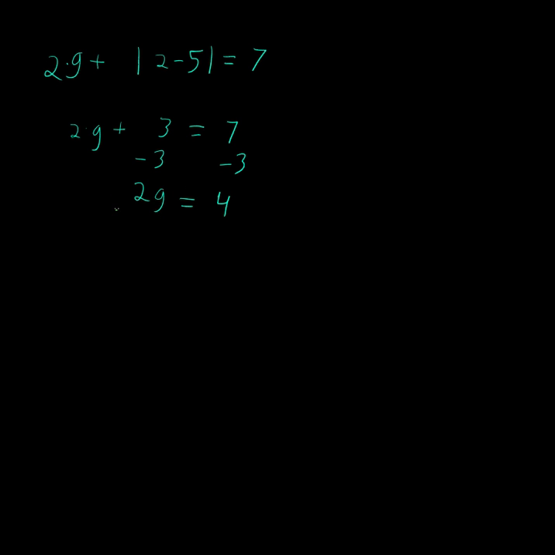Now we move on to our final step where we use division this time to just get g equals 2. So there's only one solution for g in this case. And that was because g fell outside of the absolute value bars. So you only will have to resort to cases if your variable falls inside the absolute value bars.